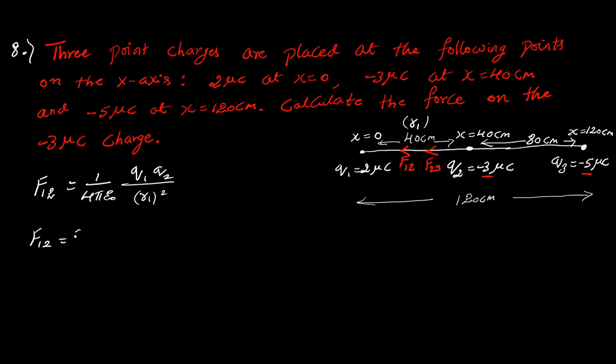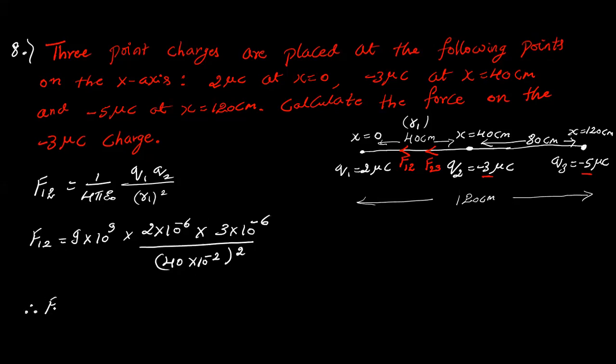F12 is equal to 9 into 10 power 9 times Q1, 2 microcoulomb, times Q2, 3 microcoulomb. Even though there is a negative sign, while substituting in Coulomb's law take it as positive because we are considering the magnitude of the charges. Whole divided by R1 square, the distance between them, 40 centimeter, which I can write as 40 into 10 power minus 2, the whole square.